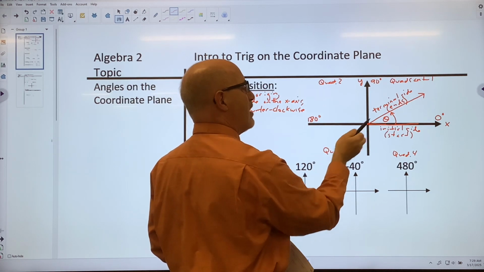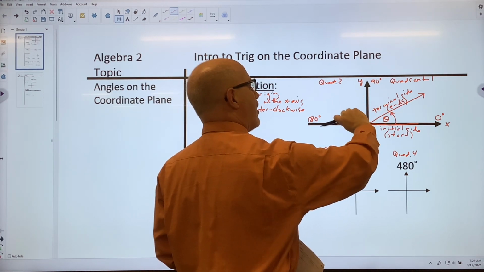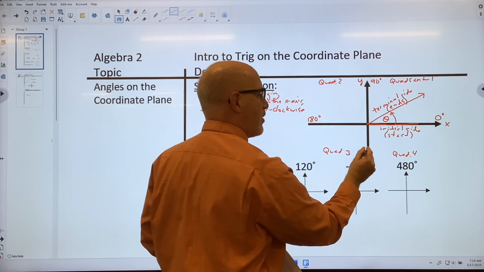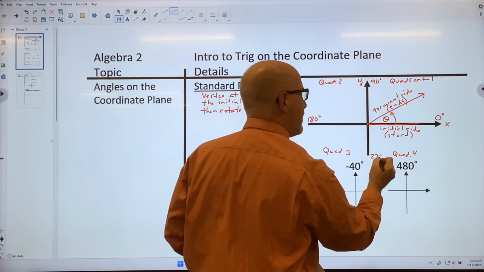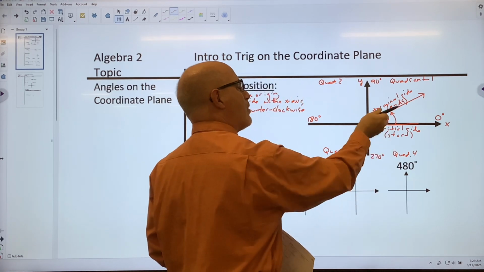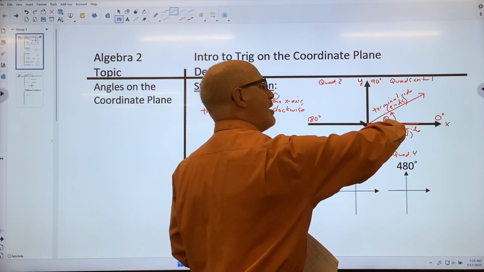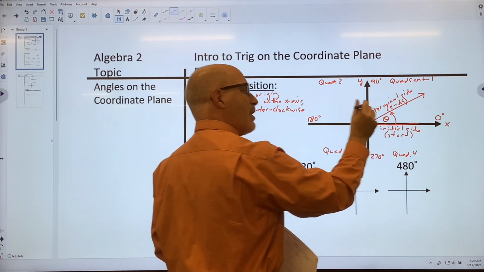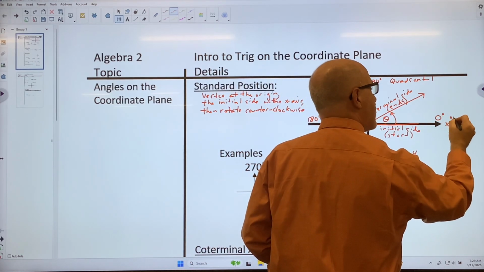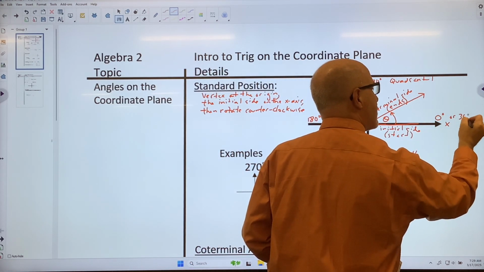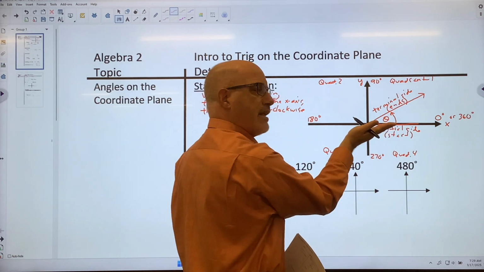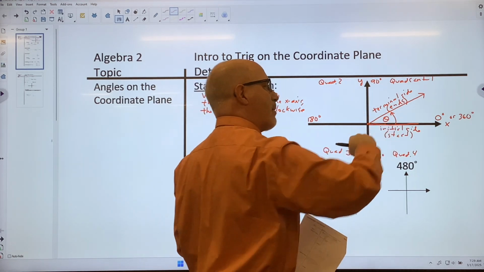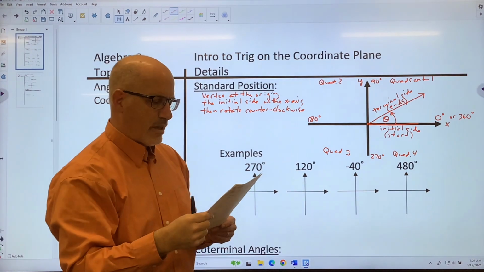Then if you keep rotating it past the third quadrant back onto the y-axis, this would be 270 degrees. And if we rotate all the way around back to the beginning, it would be 360 degrees. So this here could either be 0 degrees where we don't rotate at all, or rotate it all the way around to be 360 degrees.